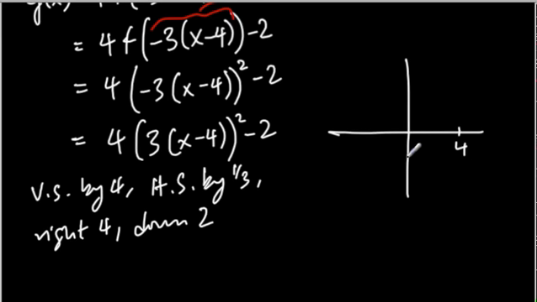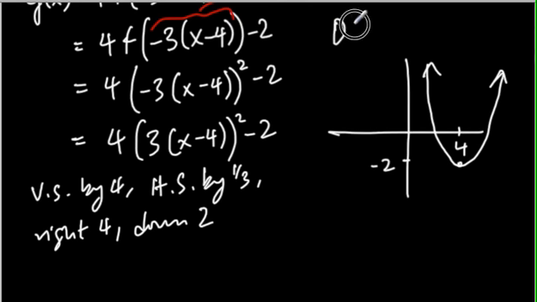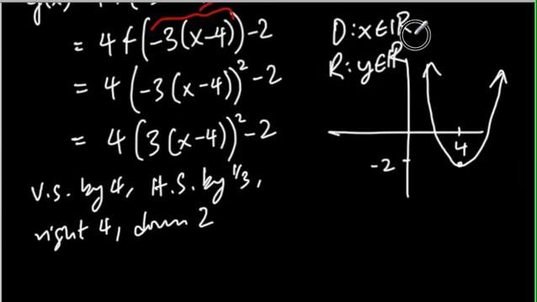There's no reflection. I mean, there was a reflection, but it was across the y-axis, which looked exactly the same as the original function. So basically it's just going to go up. And so the domain in this case is x is an element of reals, and the range is y is an element of reals, and y is greater than or equal to negative 2.